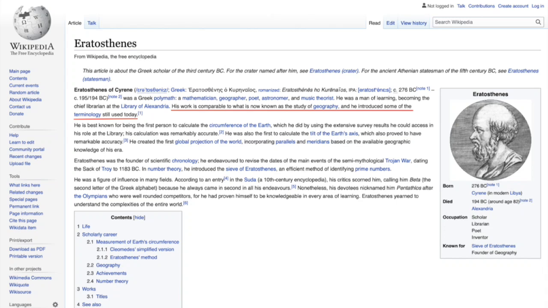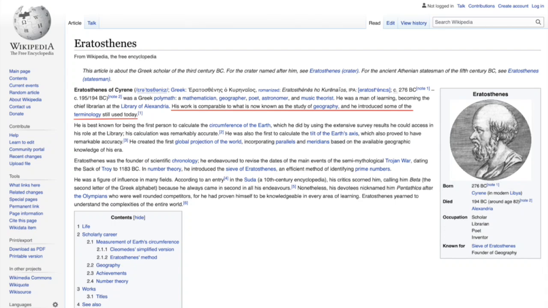He was also the first to calculate the tilt of the Earth's axis, which also proved to have remarkable accuracy. He created the first global projection of the world, incorporating parallels and meridians based on the available geographic knowledge of his era. Eratosthenes was the founder of scientific chronology, yada, yada, yada, yada.